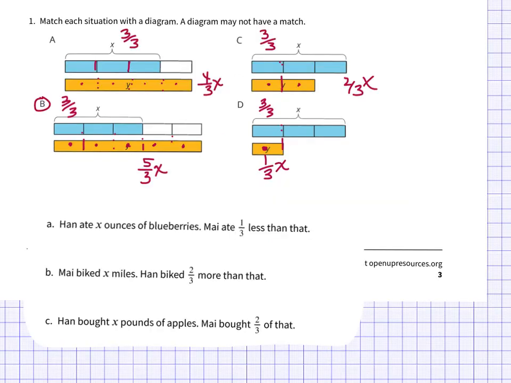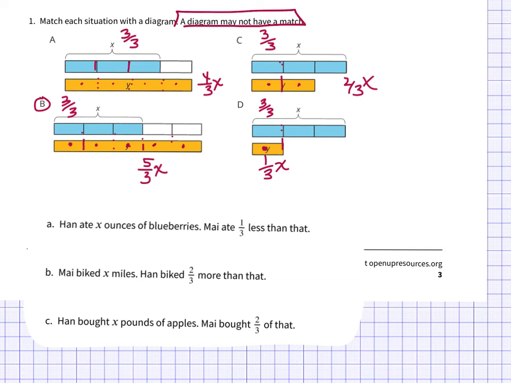So this exercise actually turns on to the next page. We're supposed to match these situations with one of these diagrams. And it says a diagram may not have a match. So I've added these in here. All right, it says Han ate X ounces of blueberries and Mai ate 1/3 less than that. So the key phrase there is 1/3 less than that.